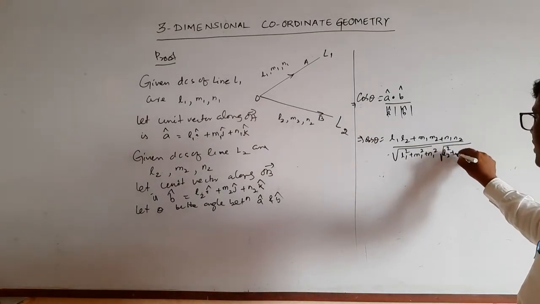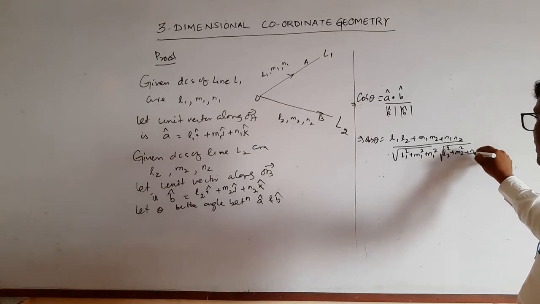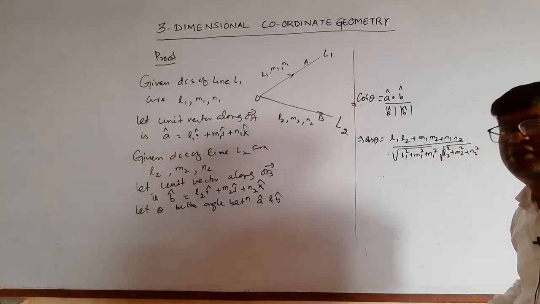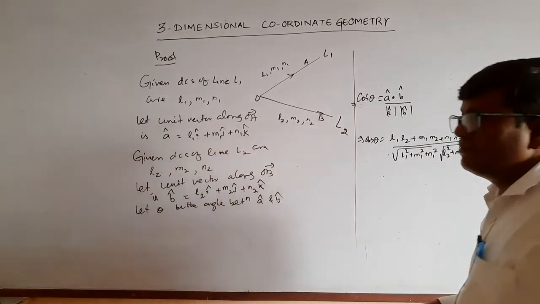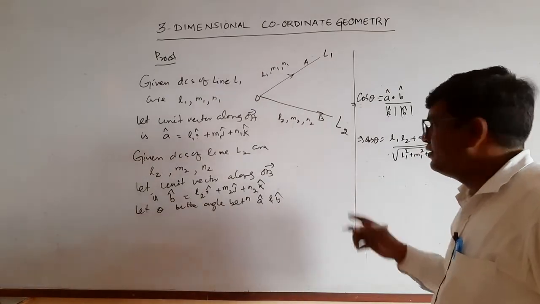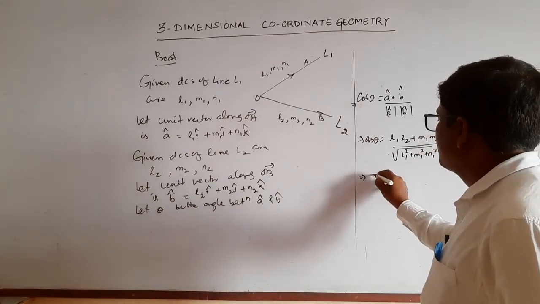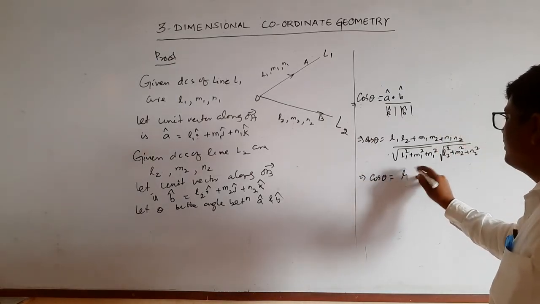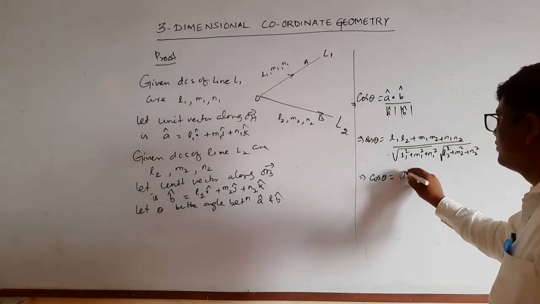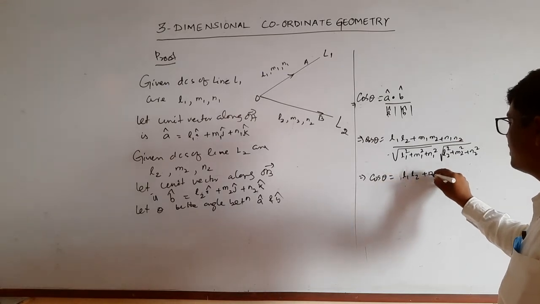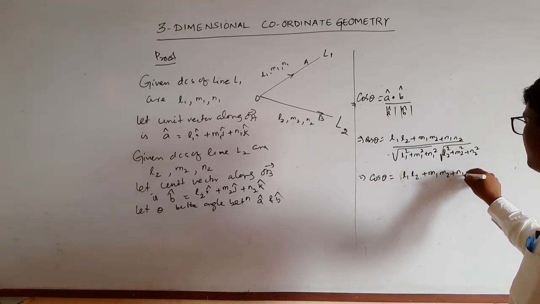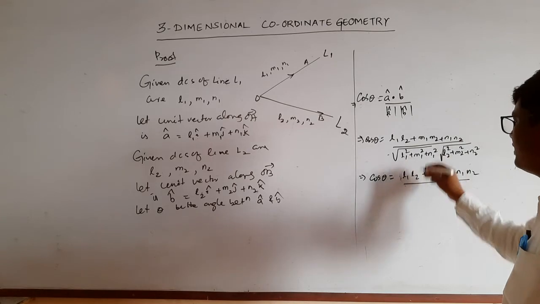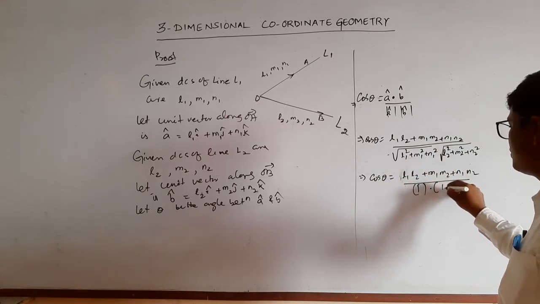L2 square plus M2 square plus N2 square. So the sum of the squares of the DCs is equal to 1. So cos theta is equal to L1 L2 plus M1 M2 plus N1 N2 divided by this, which is 1, and this is also 1.